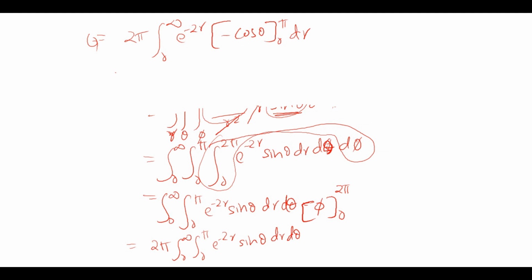That will be 2 pi into minus cos pi, which is minus of minus 1, that will be plus 1, minus cos 0. I will write here for simplicity e raised to minus 2r, 0 to infinity. Cos pi is minus 1, minus cos 0 is 1, so again minus 1, dr. So minus 1 plus 1 plus 1, so it becomes 4 pi.